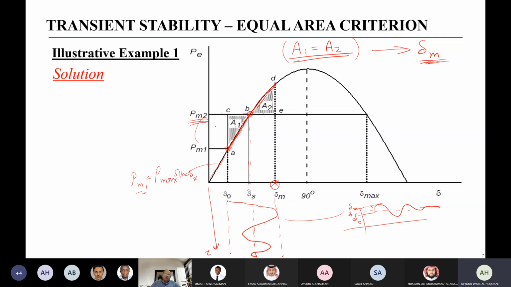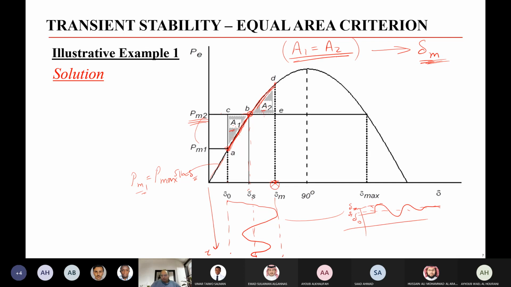Yes, well, this is when we have A1 equal to A2, the acceleration area with the deceleration area, right? Delta 0 is known, delta S is known. If we equate A1 equal to A2, we can get delta M. So the system will be stable if A1 equals A2, the acceleration equal to deceleration.